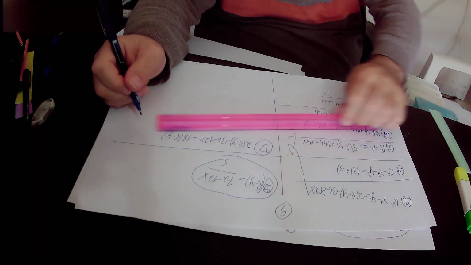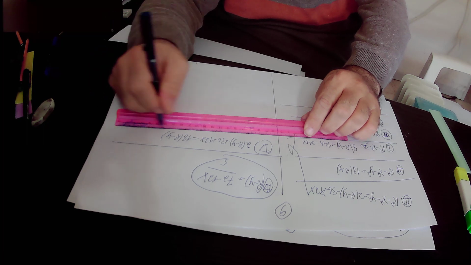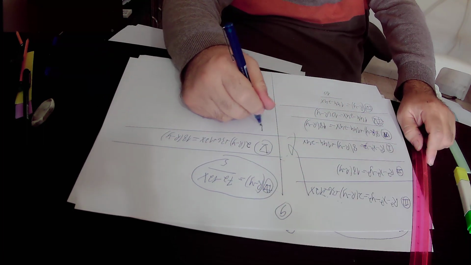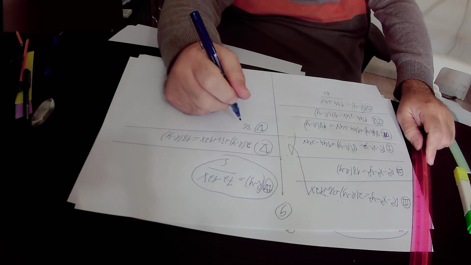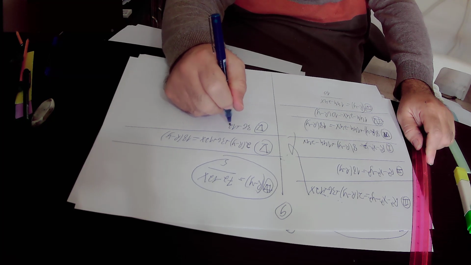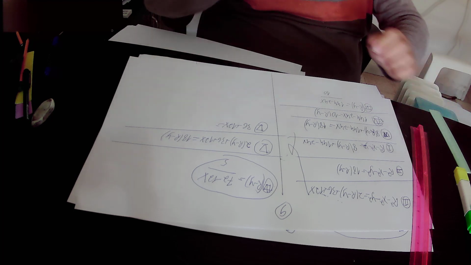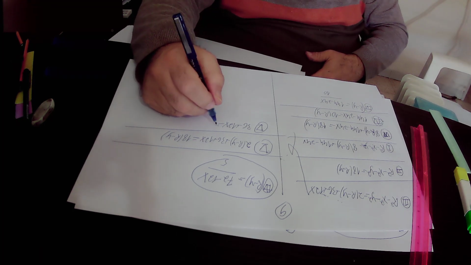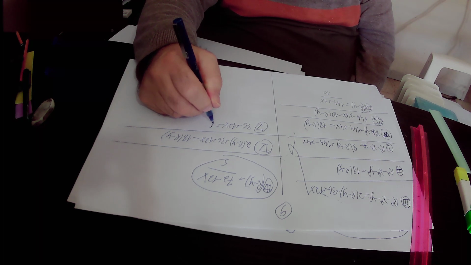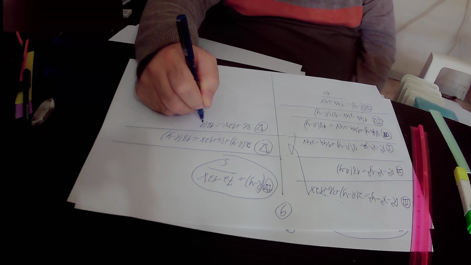So here we'll subtract 2 times (R minus Y) from equation number 5, and we'll get that 36 plus 12X is equal to 16 times (R minus Y).